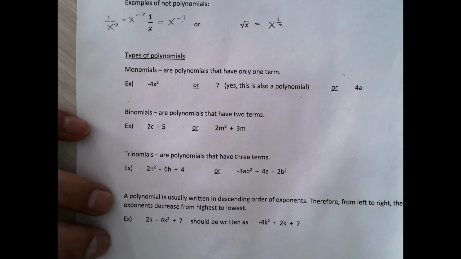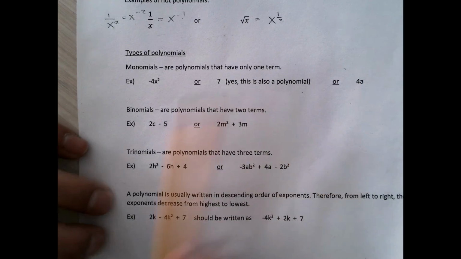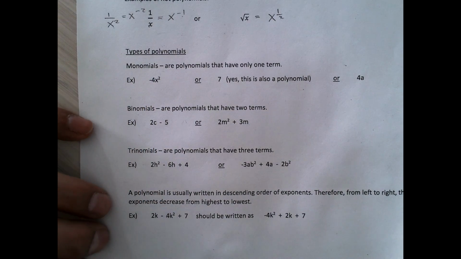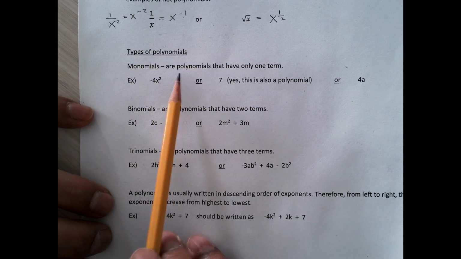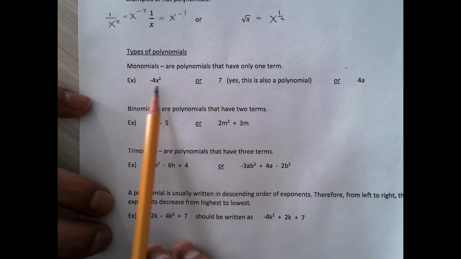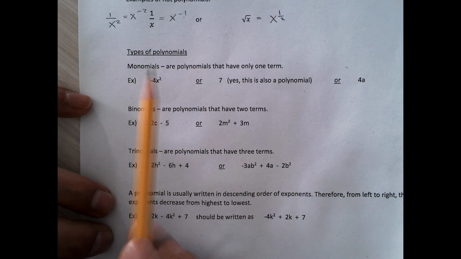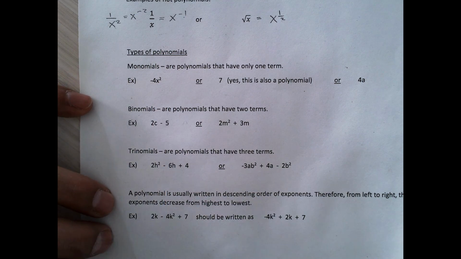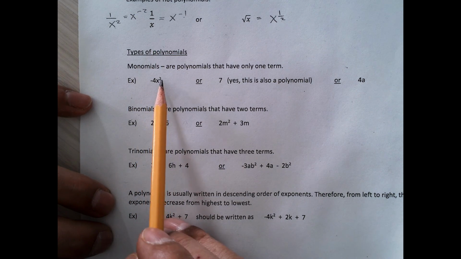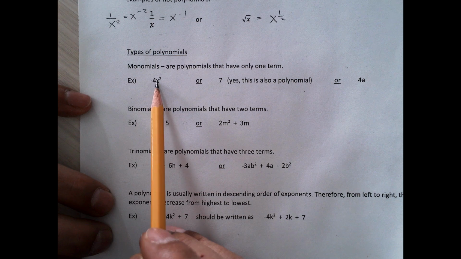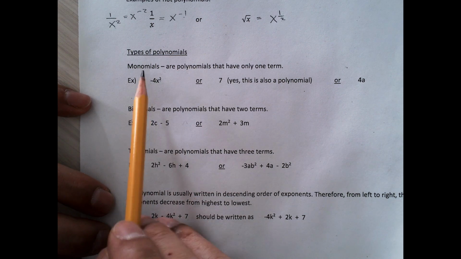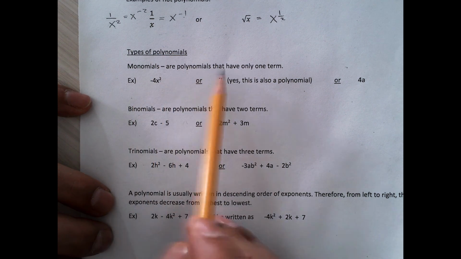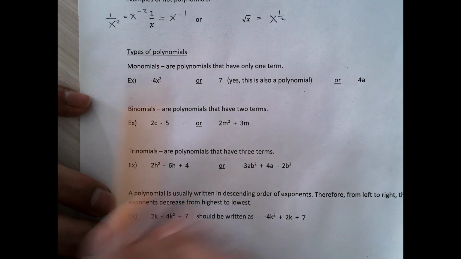Then there are different types of polynomials. In this case, we're only going to talk about 3, okay? The monomials: these are polynomials that only have one term, okay? Yes, this is a monomial, but it is also a polynomial. It's a polynomial because that variable has a whole number exponent, and it's a monomial because a monomial is a type of polynomial that has only one term.